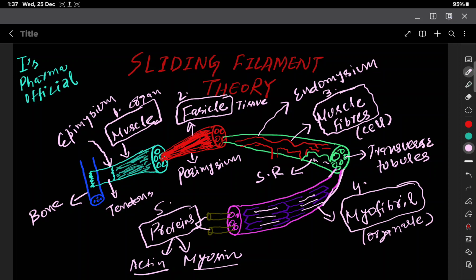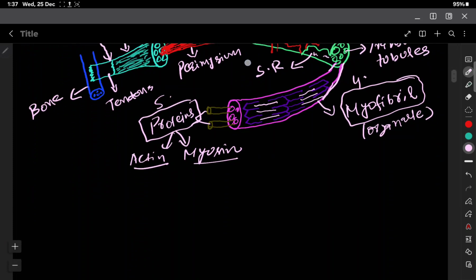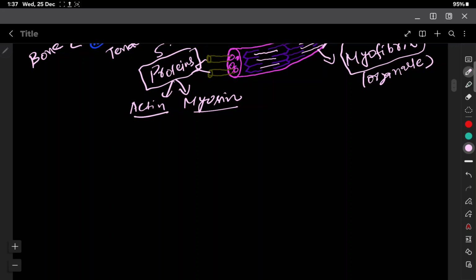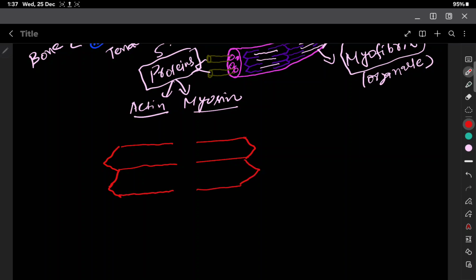Now let us go to the myofibril part, because that is important for the contraction process, so I will take this myofibril part out. I am going to draw the diagram of the myofibril here. The myofibril contains the actin and the myosin filaments. So it's like this. These spots which I am drawing here are the actin. This is the inside part of the myofibril.